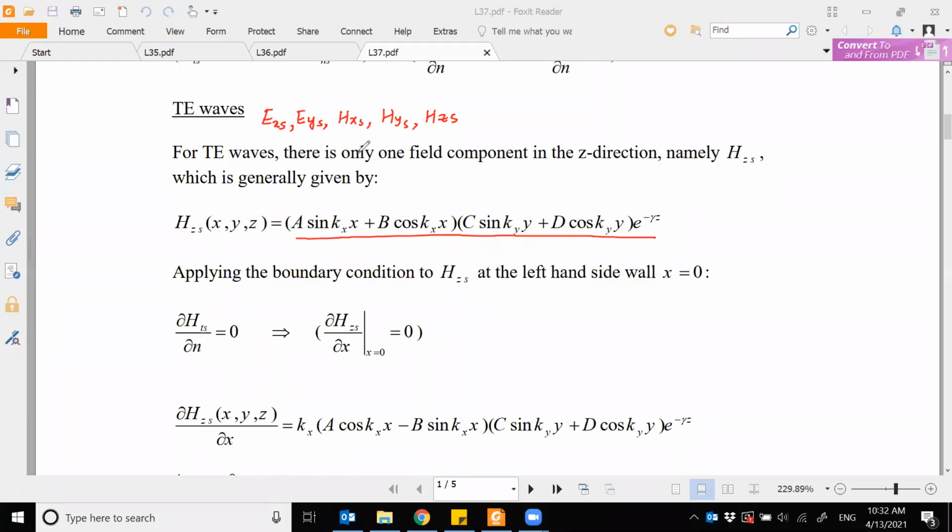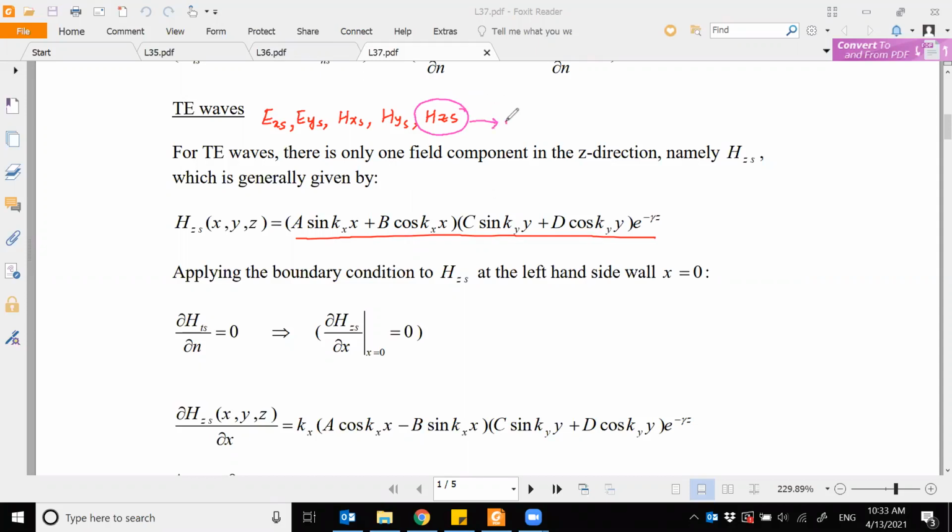But before applying the boundary conditions, we need to decide which component to solve first. Typically in electromagnetics, we find the component which is in the direction of propagation, for TE waves and for TM waves also.